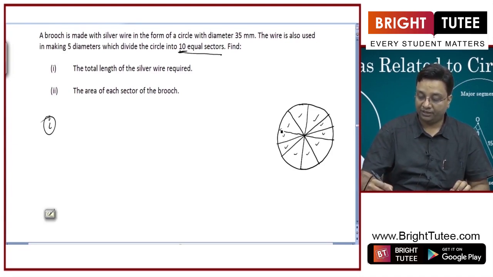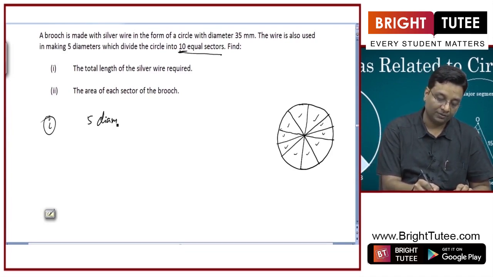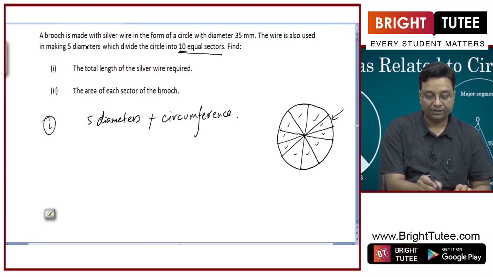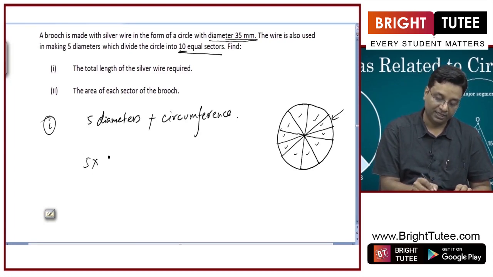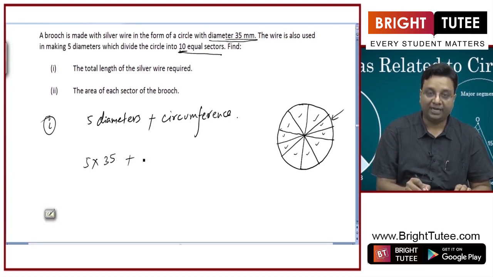So look at the figure, where is the silver wire used? In these 5 diameters and this circumference. Now we know that the diameter is 35 mm, so 5 into 35 plus the circumference, which is 2 pi r or pi d, where d is the diameter.